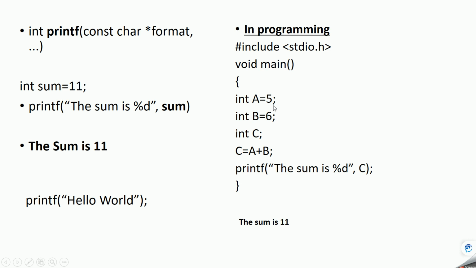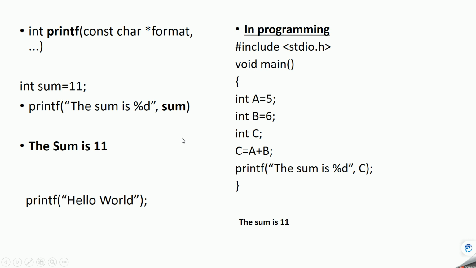Then you declare variables a and b and give the values, then int c, and c equals a plus b to add the values, and then you print it. So here it will print the result, the sum is 11. The %d gets replaced with the value of c. So here %d is for integer.